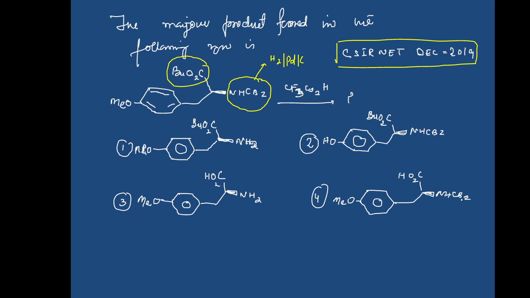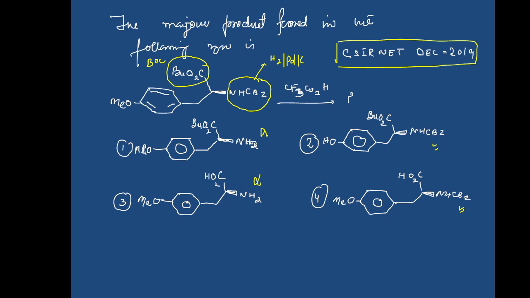So NHCBZ is present over here, and NHCBZ is present over here. In this case, it is deprotected, so this is not the answer. Now you know that when you have this type of butoxide group, this is your BOC. BOC is deprotected by a very strong acid, that is CF3CO2H.